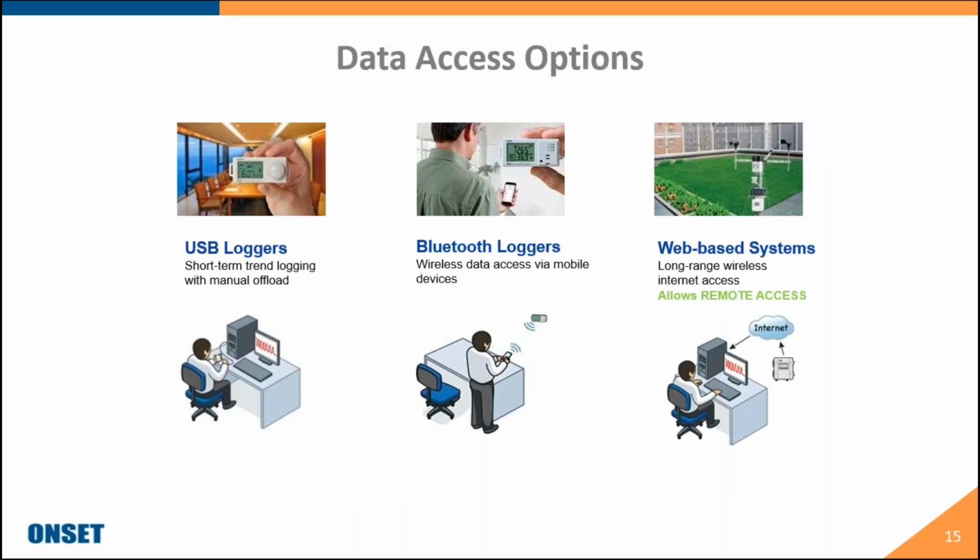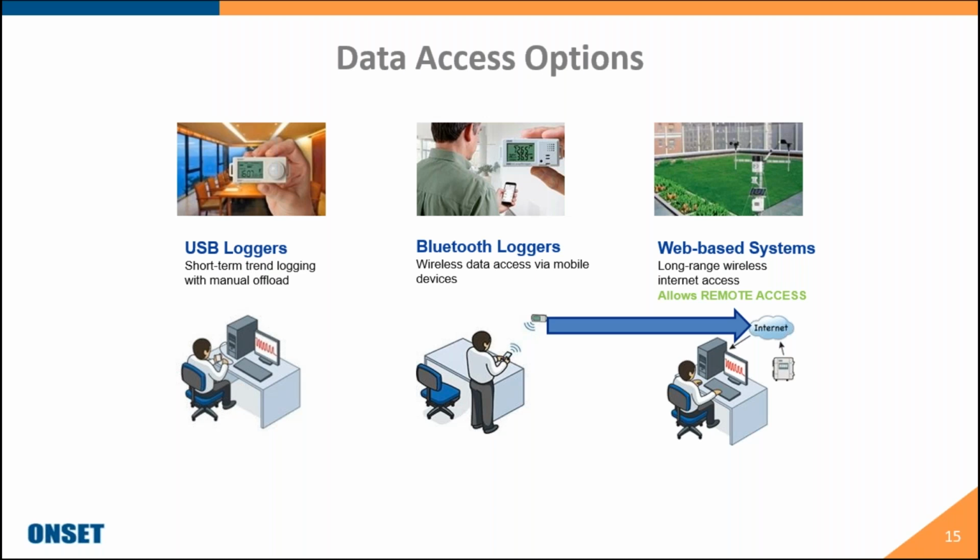So Onset offers a few different options for accessing your data, and that's USB, Bluetooth, and web-based applications. Our Bluetooth data loggers are also part of a remote monitoring solution as well, which we'll touch base on in a little bit. The USB data loggers are designed for short-term trending logging with a manual offload.